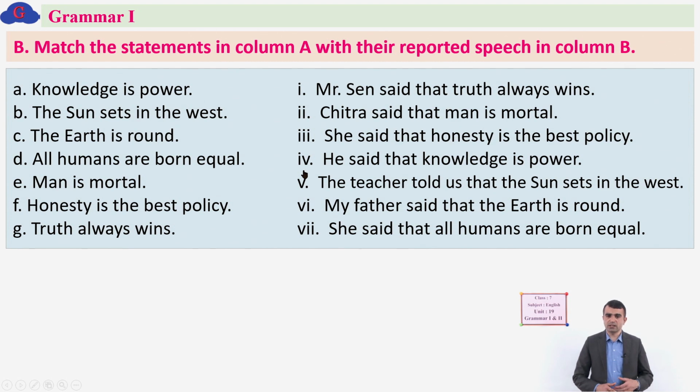Number 4, he said that knowledge is power. Fifth, the teacher told us that the sun sets in the west. Next, my father said that the earth is round. And last one, she said that all humans are born equal.